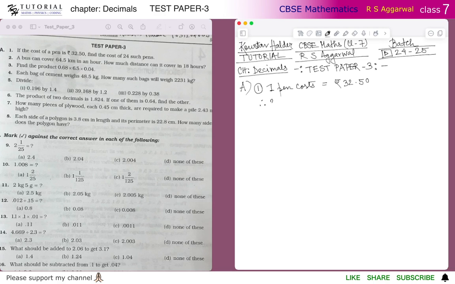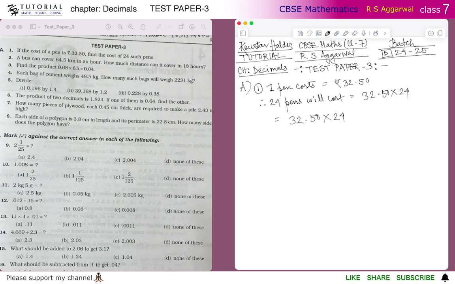Therefore 24 pens will cost 32.50 into 24. I am omitting the symbol rupees. I hope it is understood. So now we have to find this multiplication. This is a decimal number 32.50 multiplied by a whole number 24.